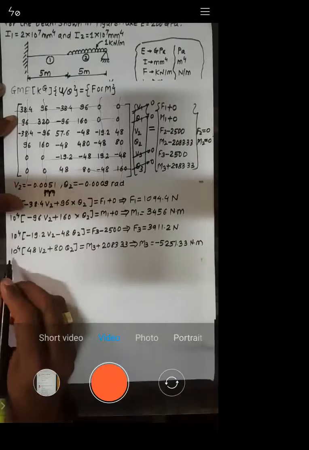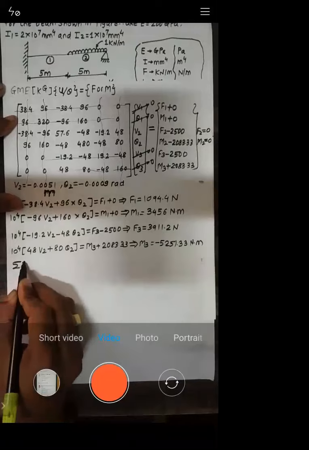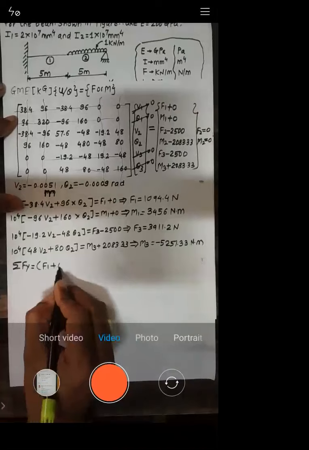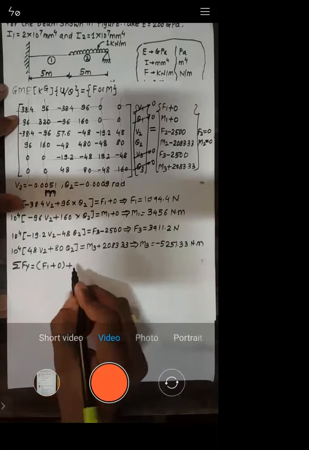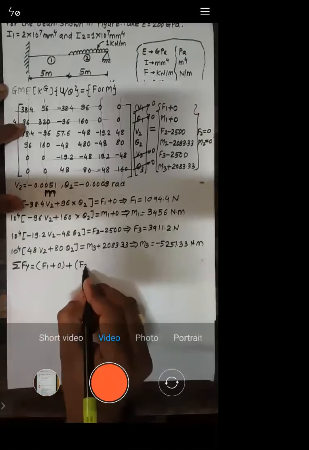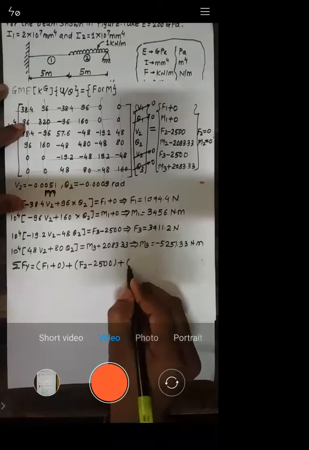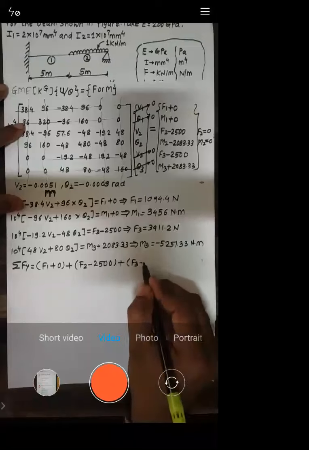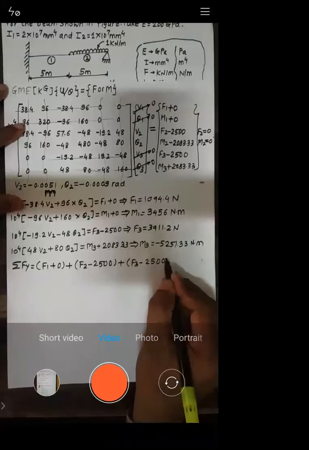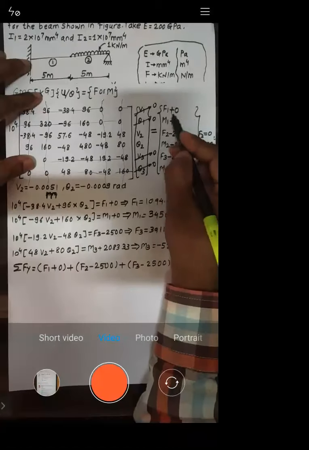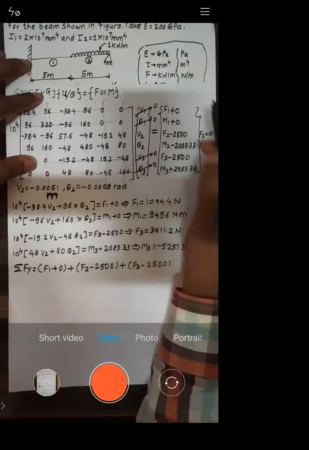If you take the summation of forces in the y direction, this is F1 plus 0 plus F2 minus 2500 plus F3 minus 2500. You need to add this total term.